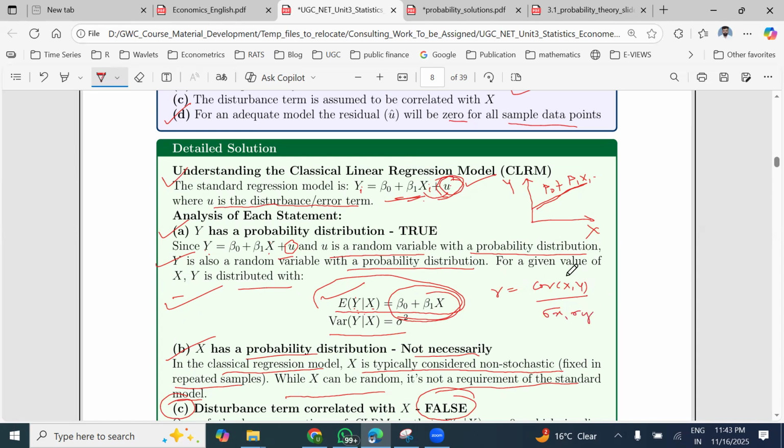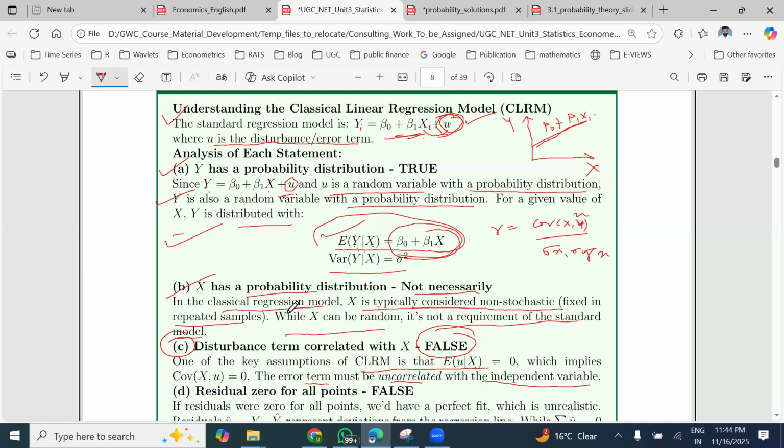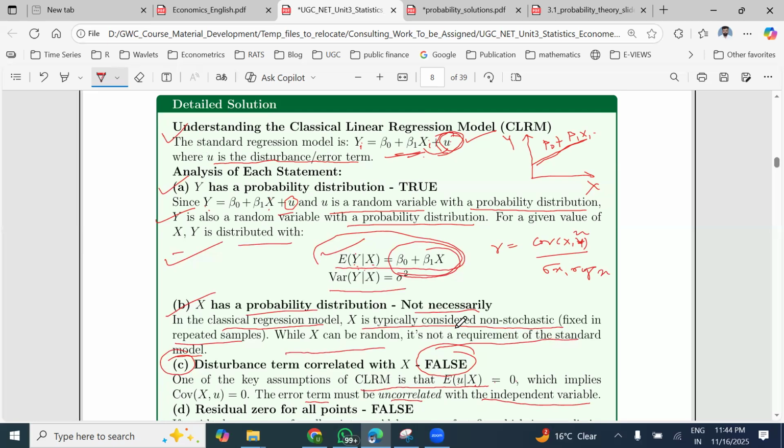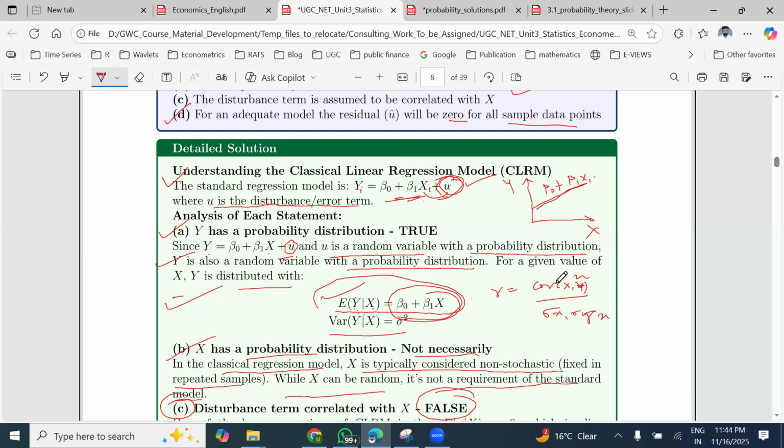Here it is x and u. The sentence says the disturbance term is correlated with x. Now my question is, how will you find the correlation? You have to find it in this way, isn't it? Yes or no, Sangeeta? Yes, sir.